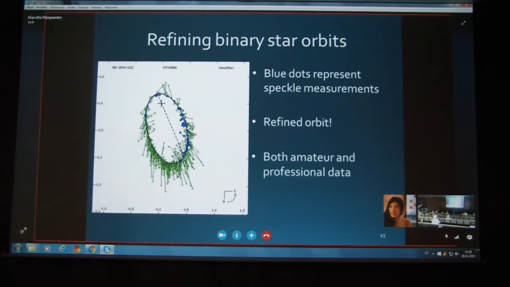And these speckle measurements are really some of the best quality measurements that are used now for binary star orbits, and they are used to refine these orbits that are known. And they use both amateur and professional data. This is really a field where both play an important role.